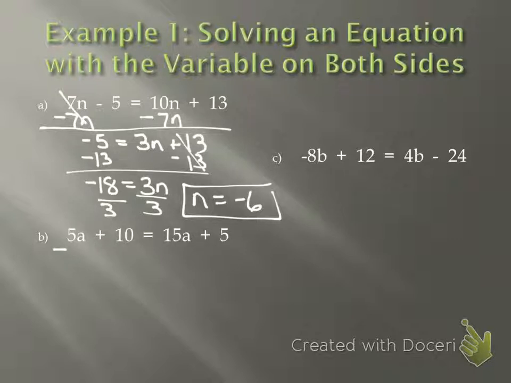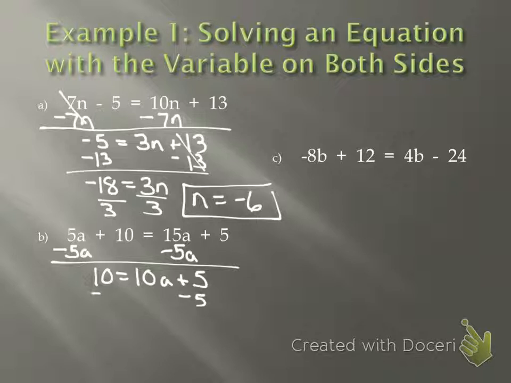So I'm going to move my smaller variable, subtract 5a from both sides. And I get 10 equals 10a plus 5. I need to now subtract 5 from both sides of the equation. So 5 equals 10a.